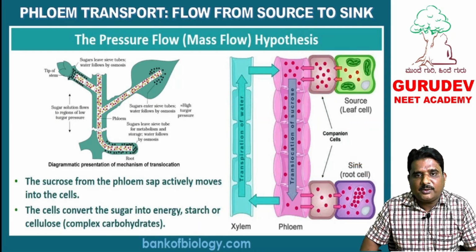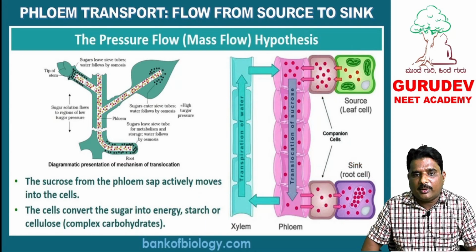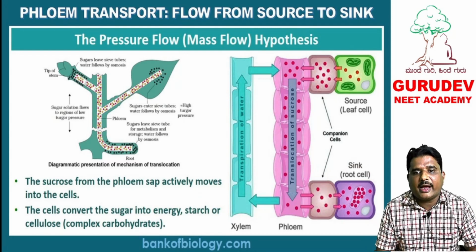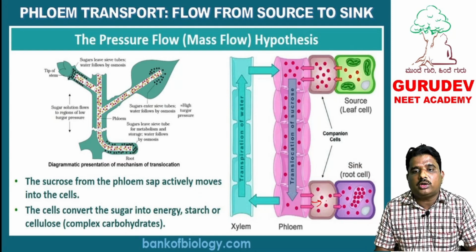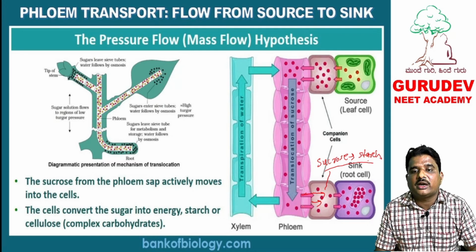Okay. After this, we have to learn what is happening after the food enters this root. Here sucrose is going to be converted into starch, and that starch is removed from the phloem to this root cell.